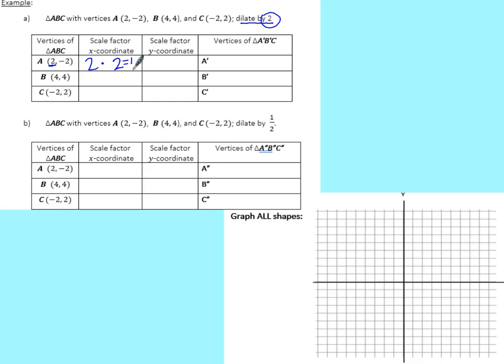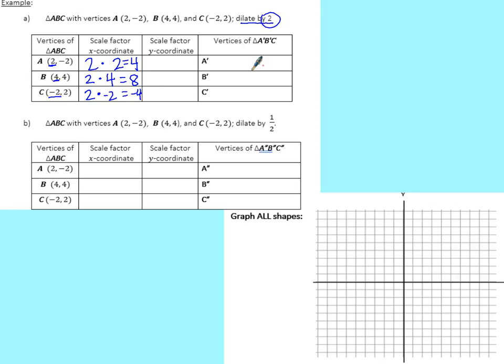That equals 4. Our next x coordinate in point B is a 4, so we take our scale factor of 2 and multiply it by our x value of 4. 2 times 4 is 8. And then down here we're going to take our scale factor of 2 and multiply it by our last x value, -2. And 2 times -2 gets us -4.